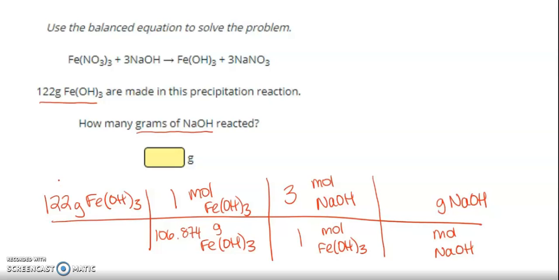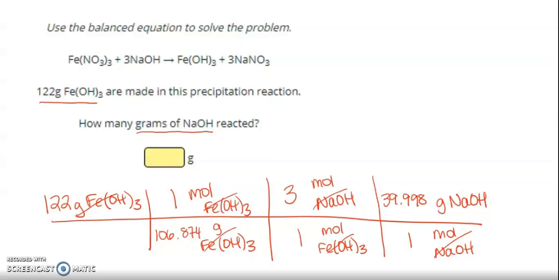You're going to look on the periodic table for grams NaOH, add them all up, and that's the grams in 1 mole NaOH. So we get 39.998 grams in 1 mole NaOH. And from here, we want to cancel our units just to make sure that we've got the right unit at the end. Oh, good, we're left with grams NaOH.